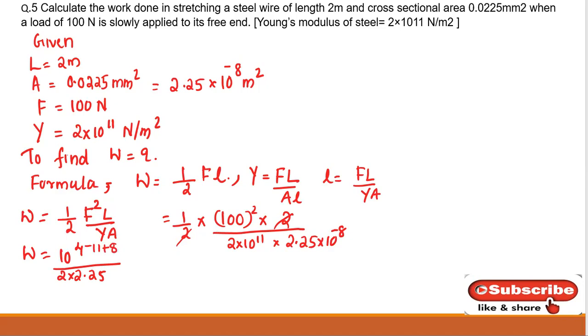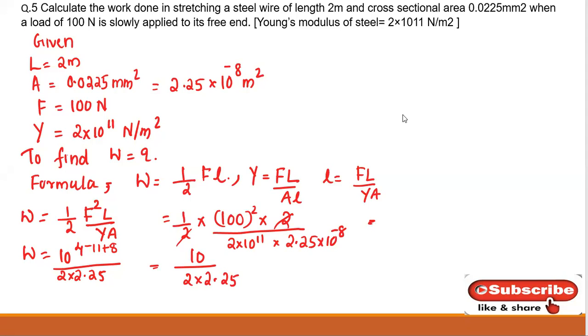On solving this, we will get 10 upon 2 into 2.25. 10 divided by 2 into 2.25 is 4.5.